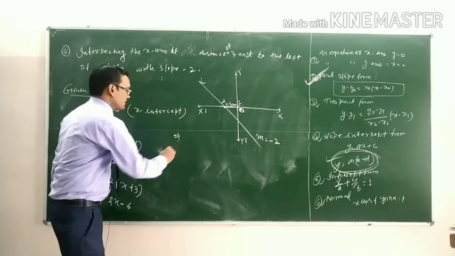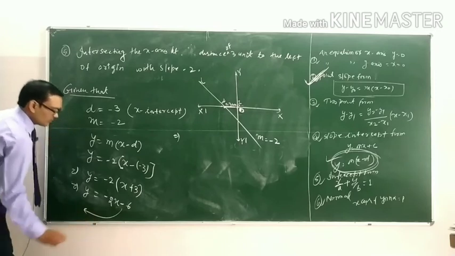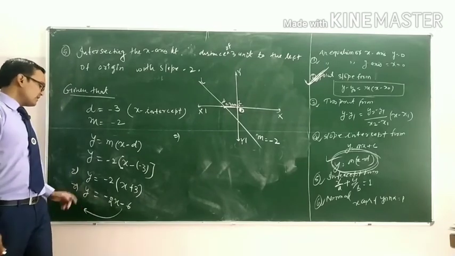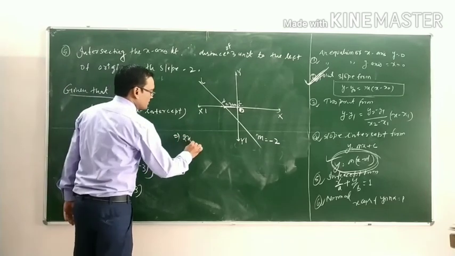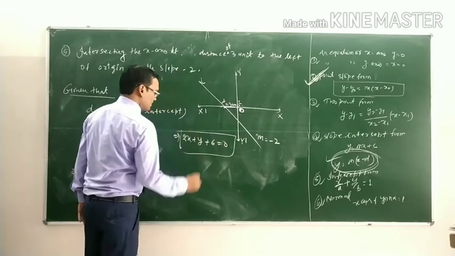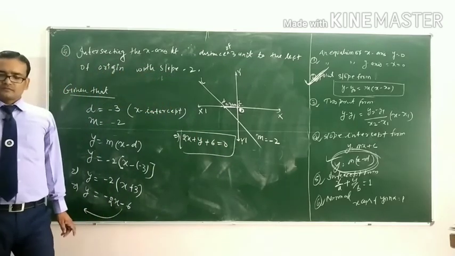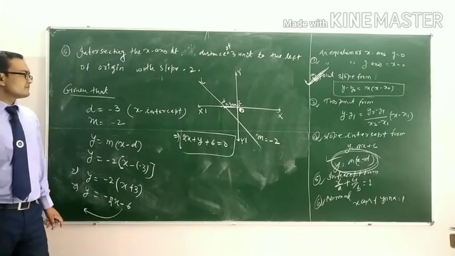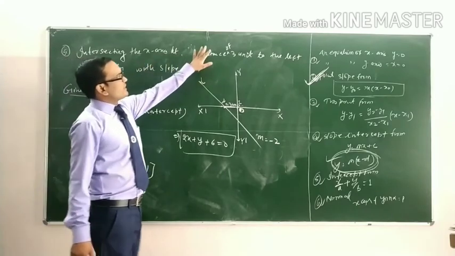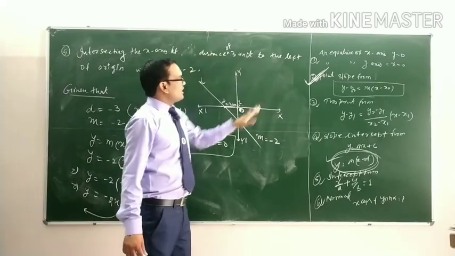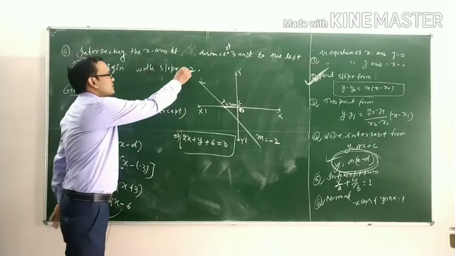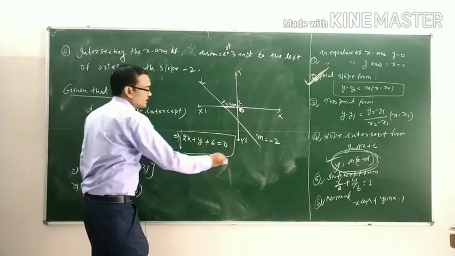We transfer -2x and -6 to the left hand side, 2x plus y plus 6 equal to 0, which is the equation of straight line intersecting the x axis at distance of 3 units to the left of origin with a slope -2. Okay students, this is the answer.